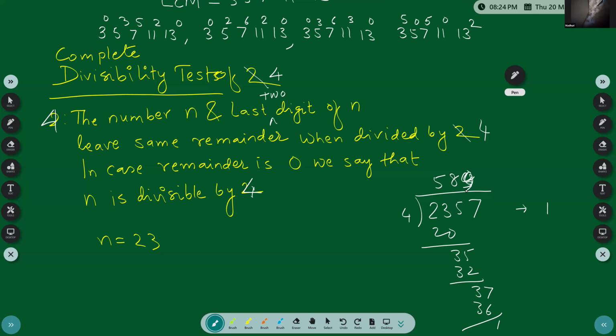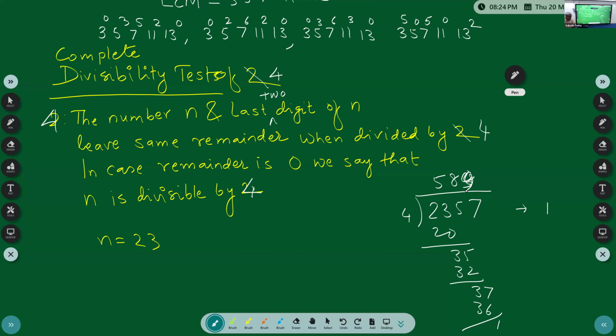Because 4 is 2 square and 8 is 2 cube. Maybe. So 2 is a factor of 4 and 4 is a factor of 8, and also 2 is a factor of 8.